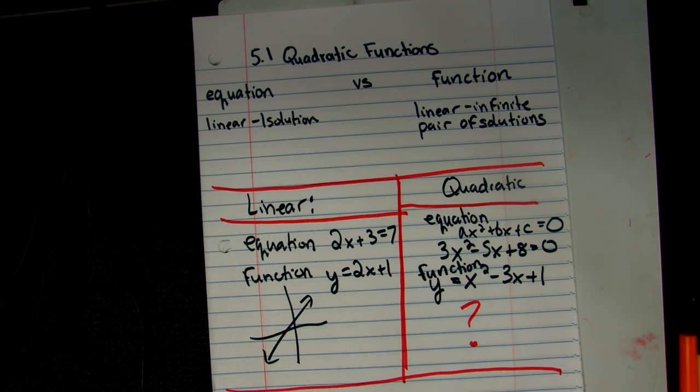So our question is, what does the graph of a quadratic function look like? So what we want to do is plot some points on a coordinate plane after building a table, and we'll see what a quadratic function typically looks like.